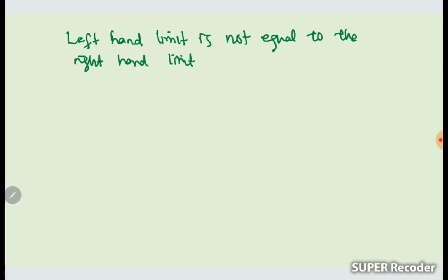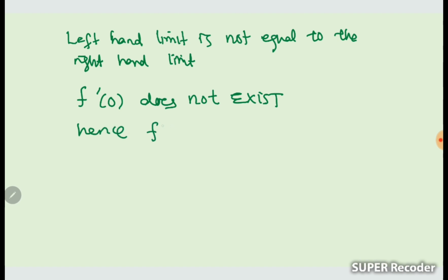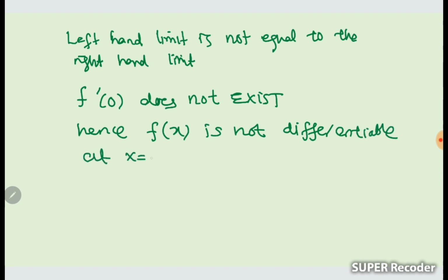Okay, so therefore f prime 0 does not exist. So when f prime 0 does not exist, hence f(x) is not differentiable at x equals to 0.